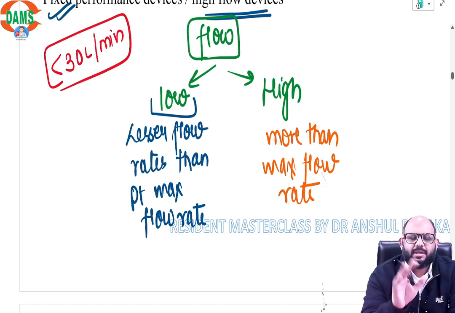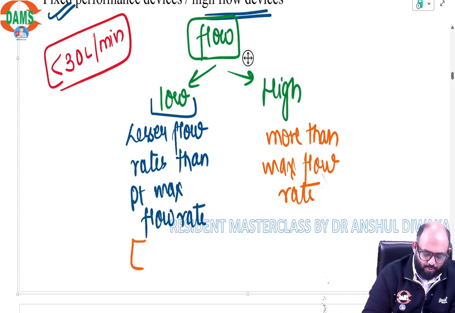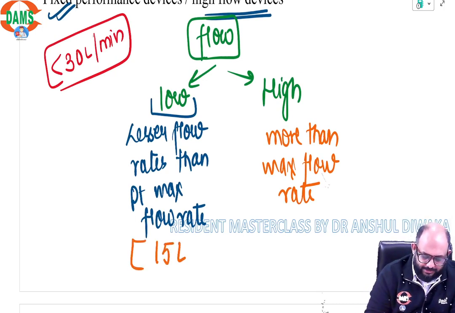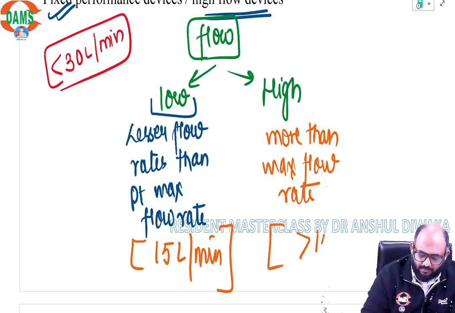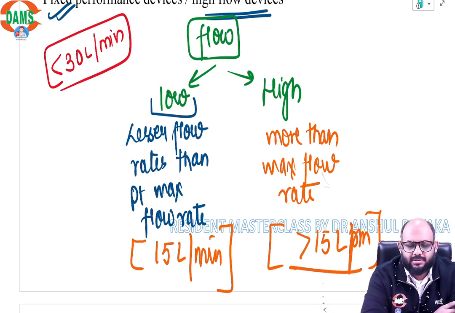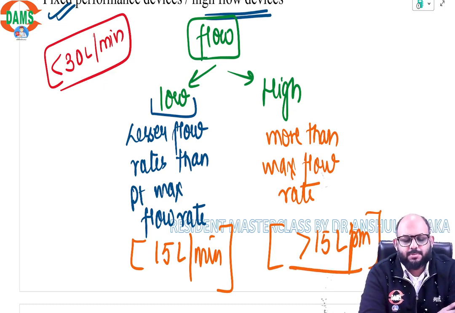So traditionally, we say up to 15 liters per minute is what we use. 15 liters per minute is a low flow device, while more than 15 liters per minute is a high flow device.